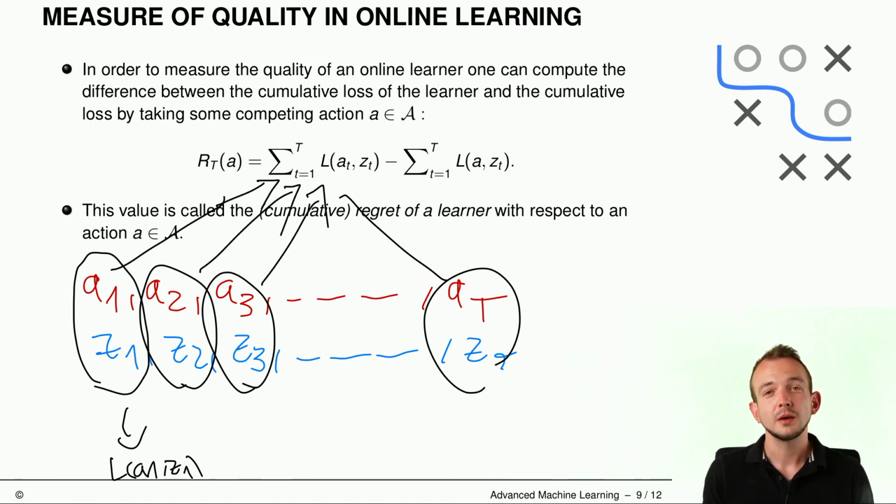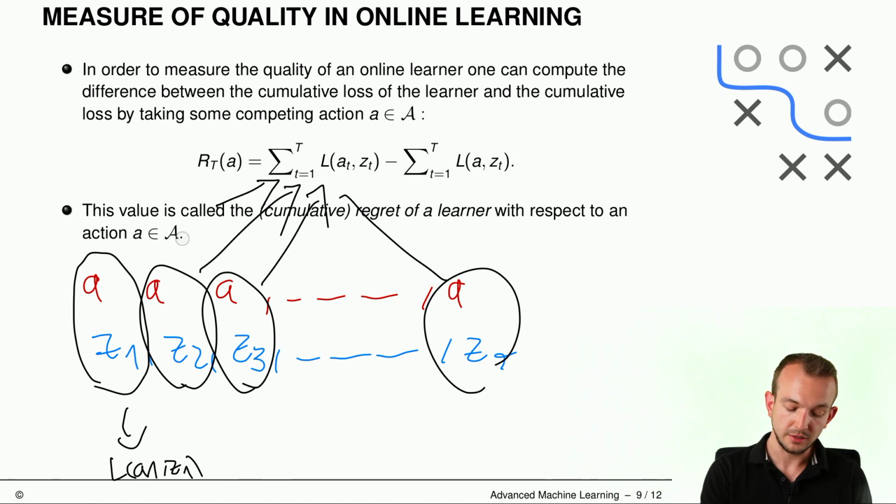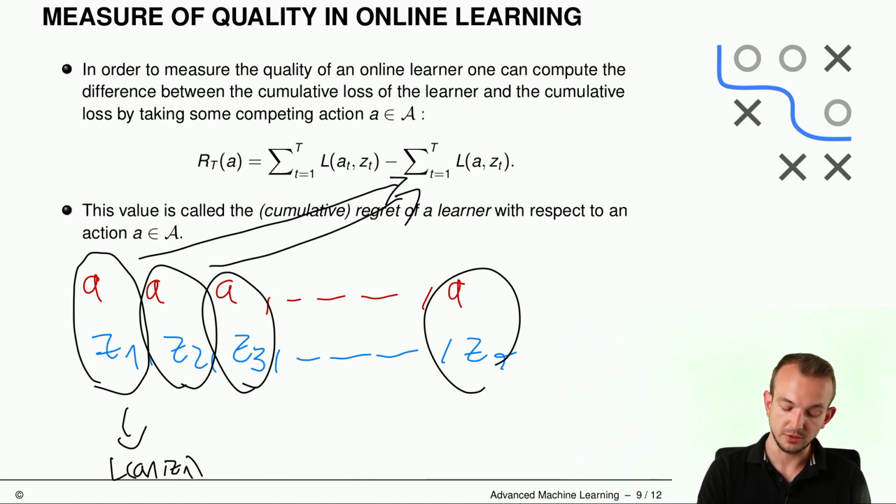And now what we can ask is, if we would have used, instead of A1 in all the cases here, simply another action throughout the time, an action A, what would have been the cumulative loss in this case?